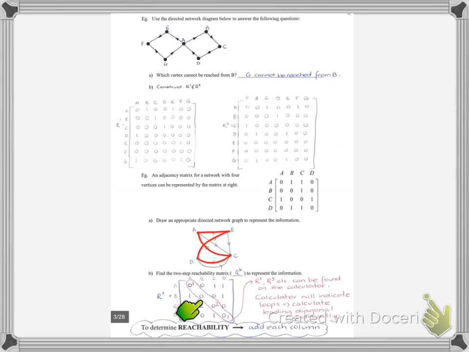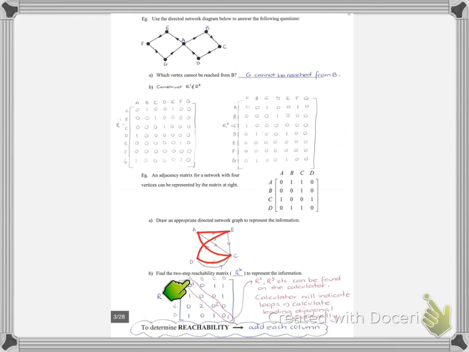The only problem is that sometimes the calculator will produce numbers in this leading diagonal. Now, if you think about what this leading diagonal means, for example, this first element here, that's suggesting that A can reach itself. A can reach out to itself, which would represent a loop.